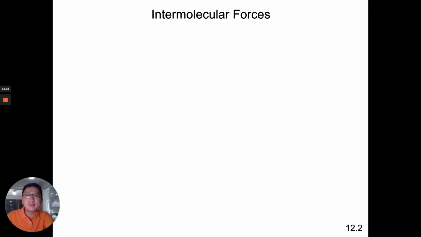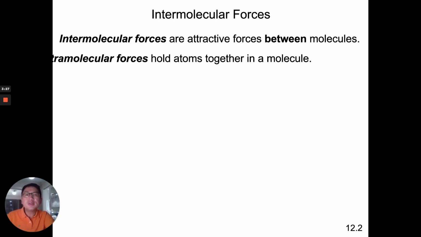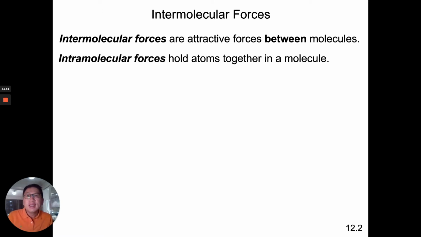Now the difference between intermolecular forces and intramolecular forces. Intermolecular forces are forces between molecules, and intramolecular forces hold the molecules together. Think intermolecular like an international flight. Well, no one's going anywhere right now.